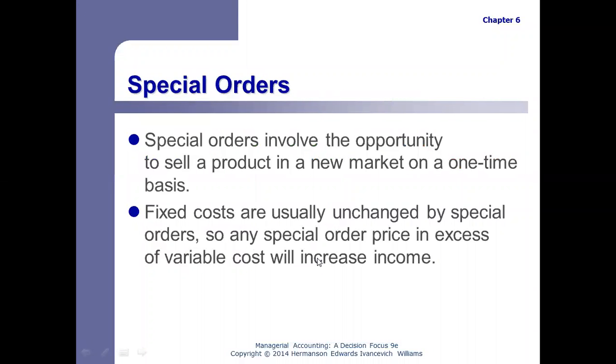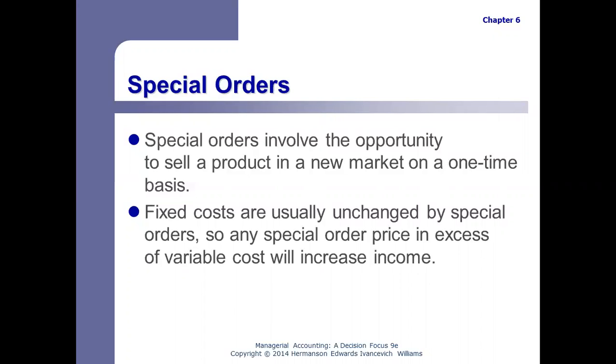Okay, the next analysis is for special orders. A special order is when a company has the opportunity to sell its product at a one-shot deal kind of a thing. Usually it's at higher volume, and usually it's at a lower price than their normal price.